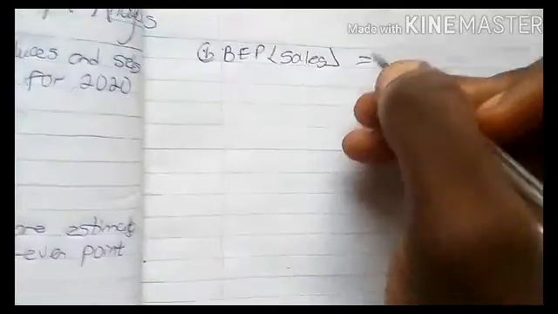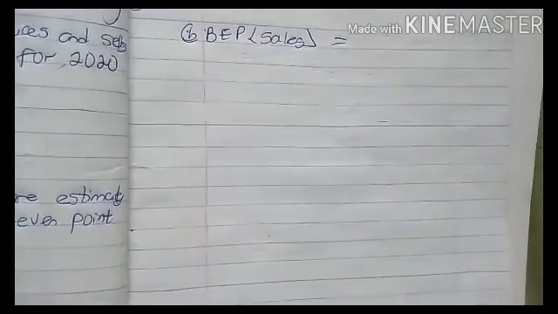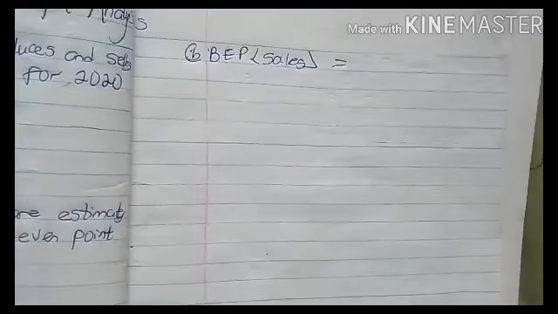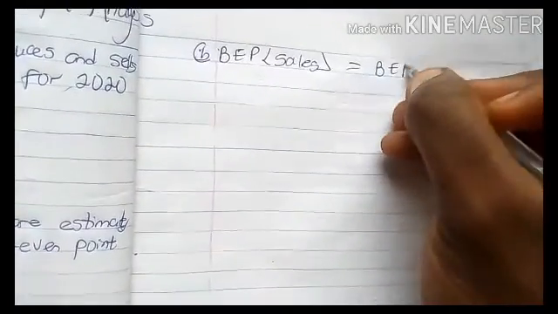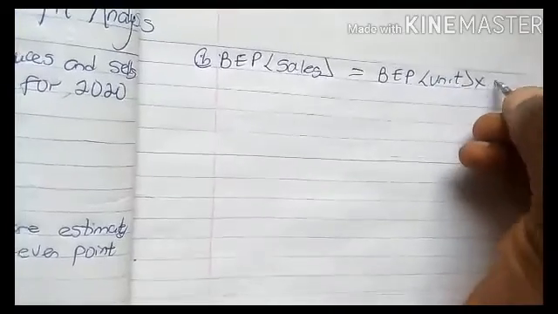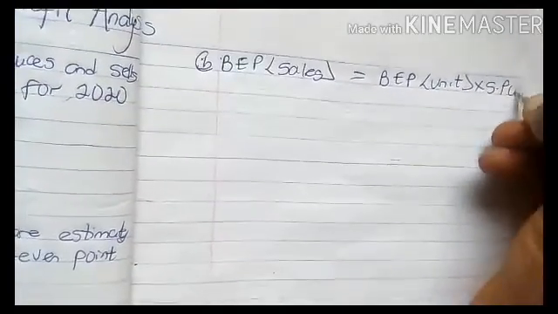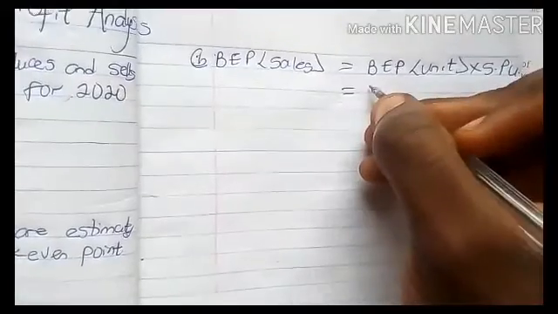Since you've gotten your BEP in units, to get it in sales value will be more easy. The formula is BEP in units times selling price per unit. You get it?